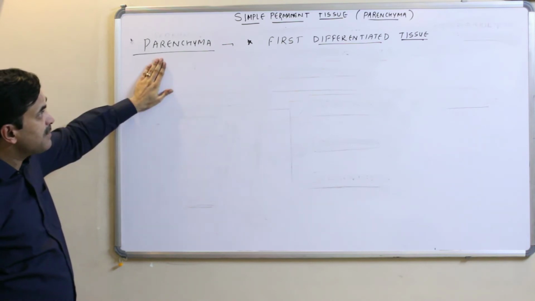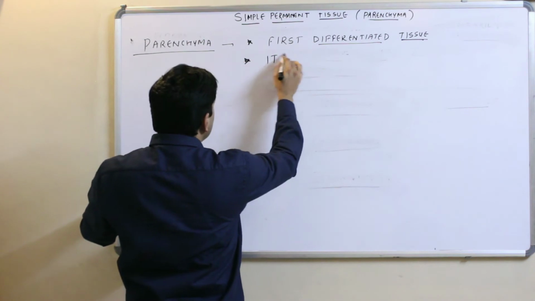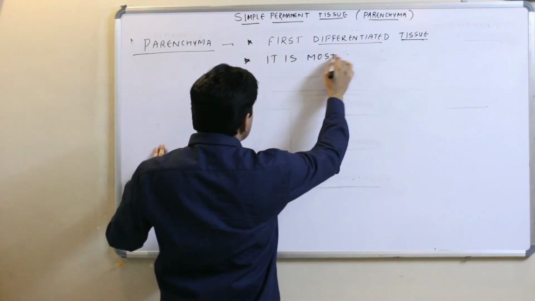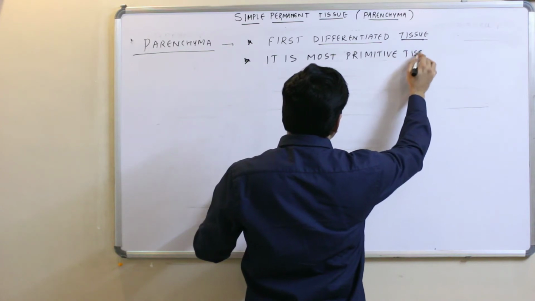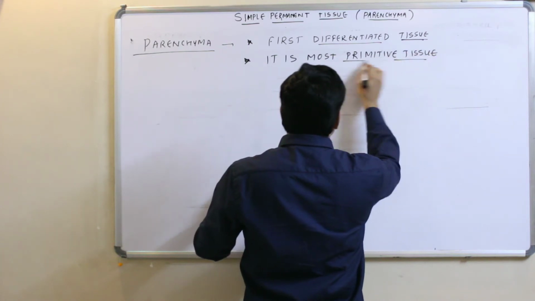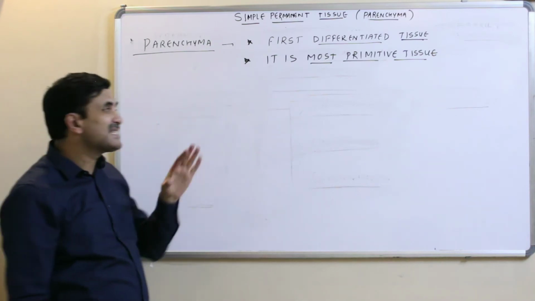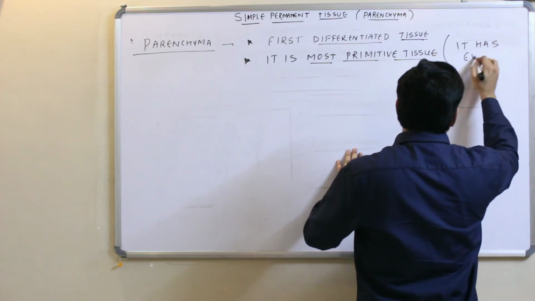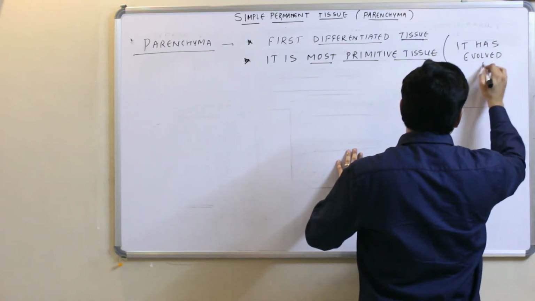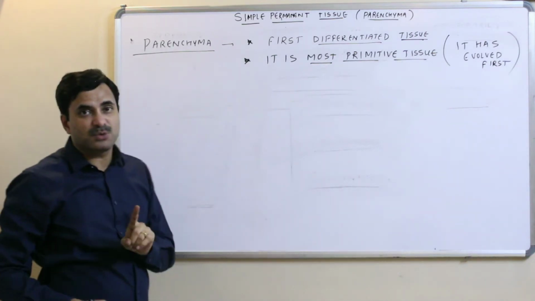Second point, it is the most primitive tissue. Most primitive tissue means it has evolved first, and that's why it is called the most primitive tissue.